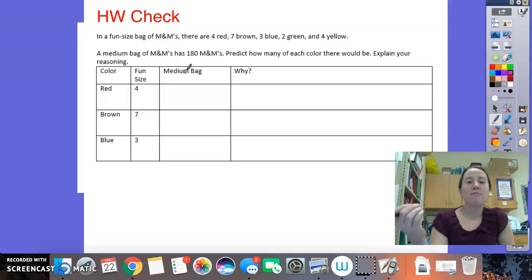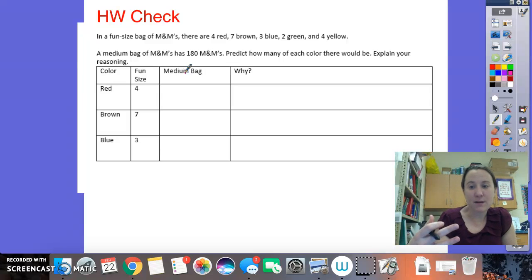And we can make a mathematical prediction as to how many, let's say, red M&Ms should be in the bigger bag based on what's in the smaller bag. Now, it may or may not be true. It doesn't have to work out that way. It could be that you open up the big bag and there are just as many red M&Ms as in the little bag, and that would be perfectly fine.